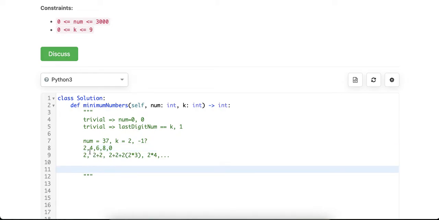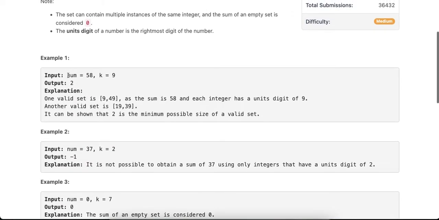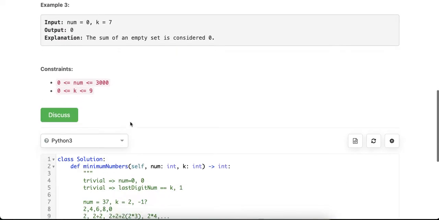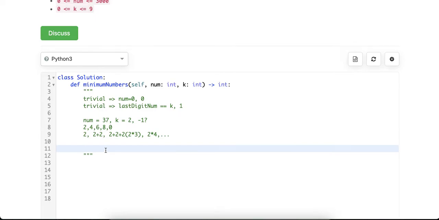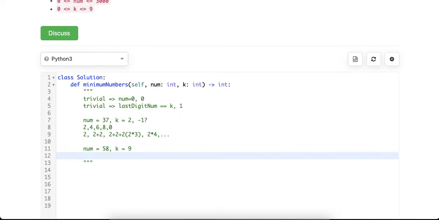But for example, if we took this one, what are the possible things that can be built with k equal to 9? It will be 9. 9 times 2 is 18. 27.